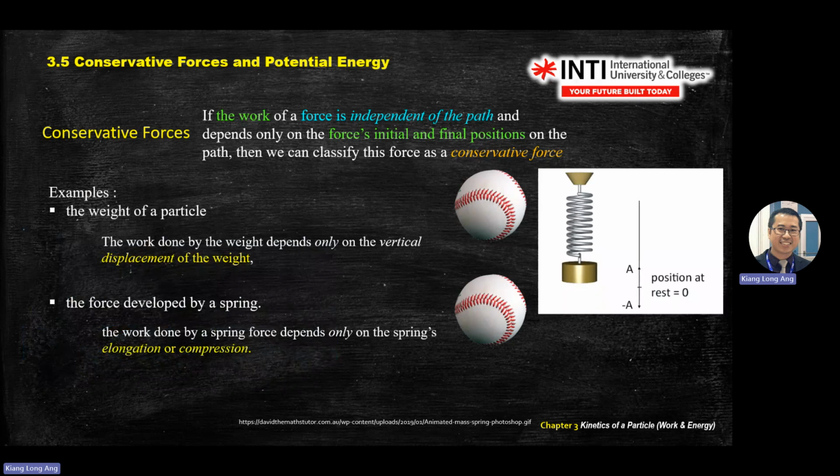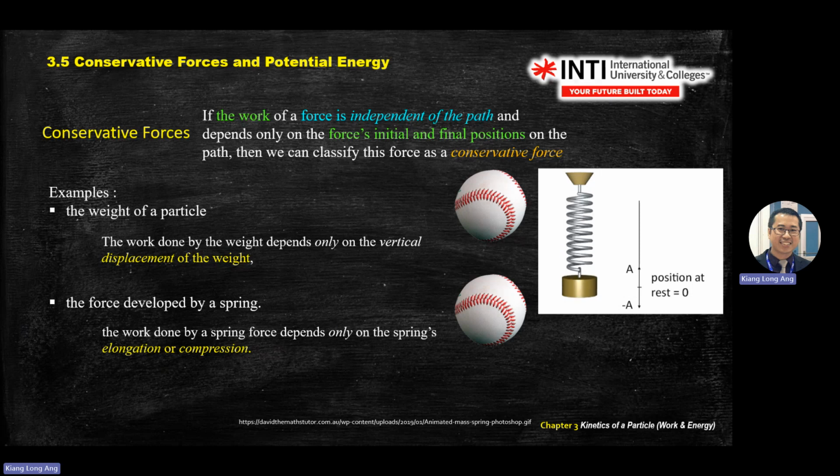A force is conservative if its work is independent of the path and depends only on the initial and final position. Meaning we are not interested in the path, then it's conservative. We classify the force as conservative.